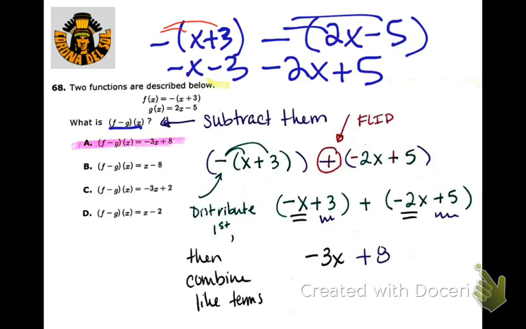And then we'll just combine our like terms. So negative x, negative 2x, that would make negative 3x. And then negative 3 plus 5, that's where we're getting, wait a second.